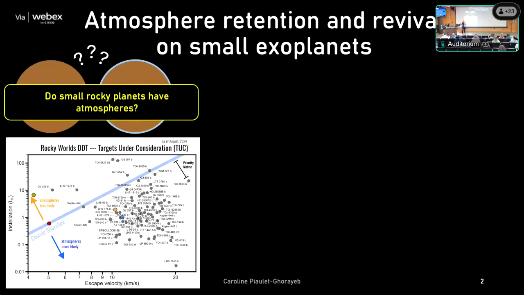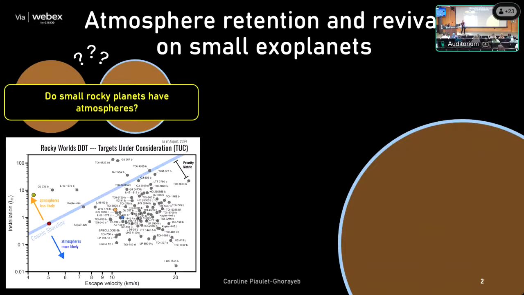So this question of whether small rocky planets actually have atmospheres has been central to this workshop. We've seen 100 different versions of the cosmic shoreline diagram, but basically the question is there something that we can learn at the population level by figuring out which small rocky planets have versus don't have atmospheres?